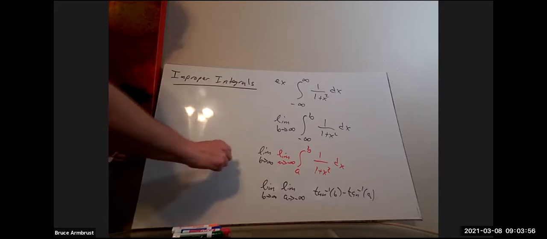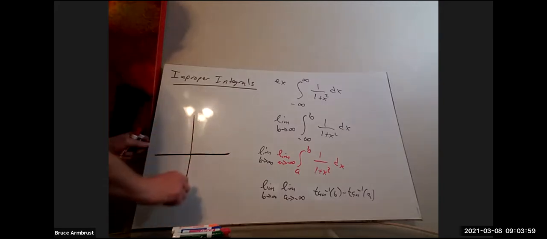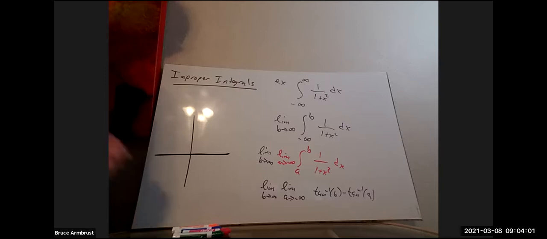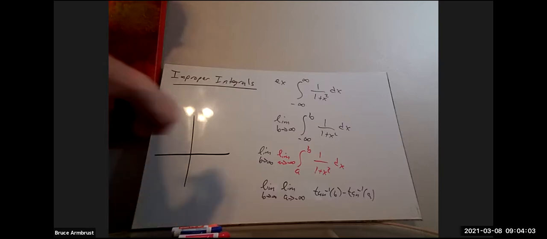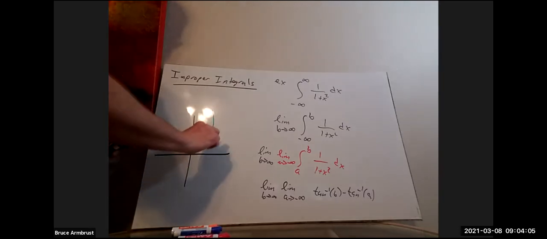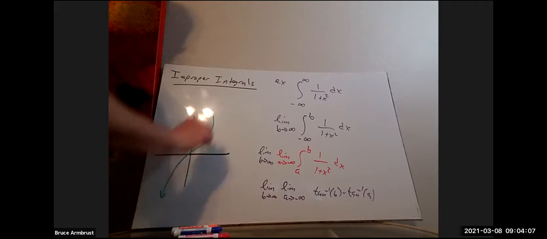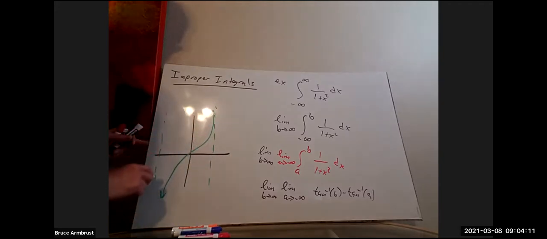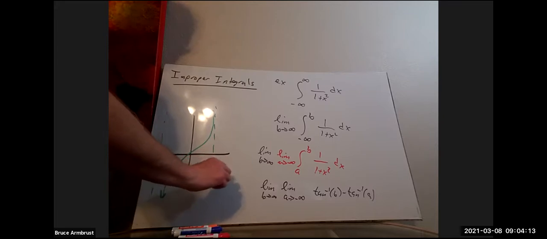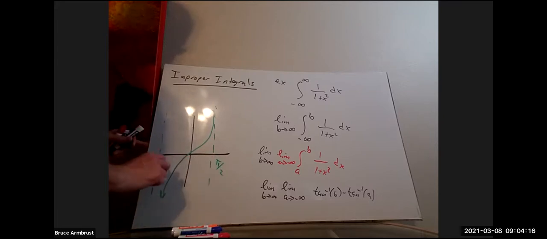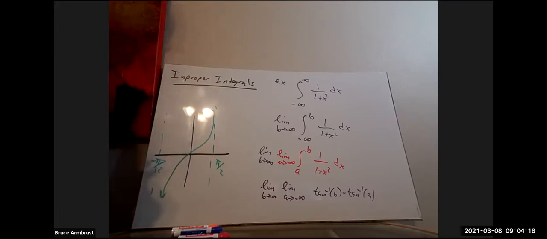So if we look at tangent, the piece that matters is the piece that's right around 0, and it did something like this. You may remember there were some vertical asymptotes. This was at pi over 2. This is at minus pi over 2. So this is the graph of tangent. So remember, inverse tangent is just going the opposite direction.